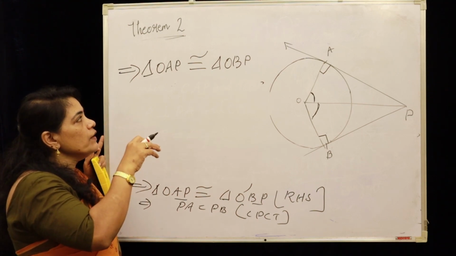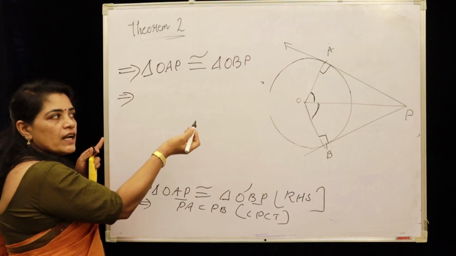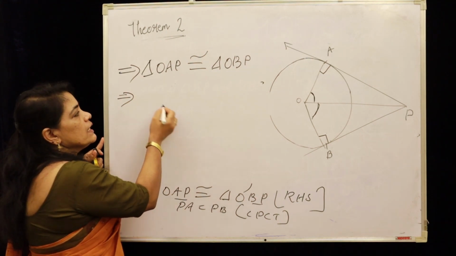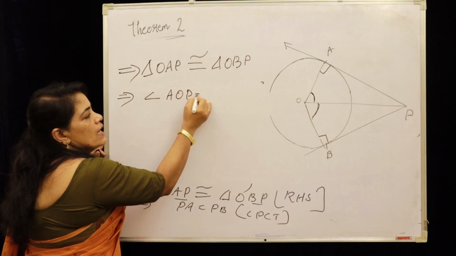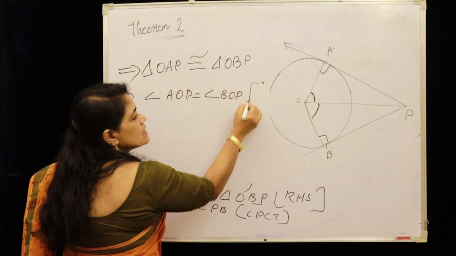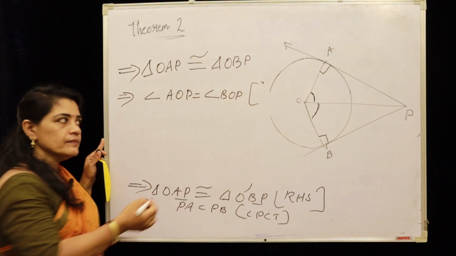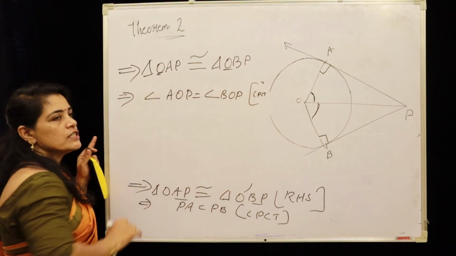And what we need? Angle O of triangle OAP, which implies angle AOP equals angle BOP. What is the reason? CPCT.